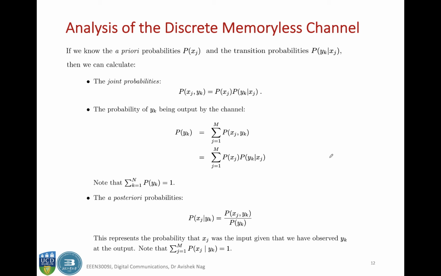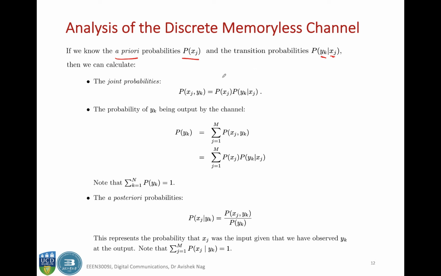Let's imagine that those symbols are generated from a source, a symbol generator, and each of them has a probability p of xj of getting generated. That probability is called the a priori probability. Then you have the transition probabilities, as you saw, which are the property of the channel itself: the probability that you receive yk given xj was transmitted.